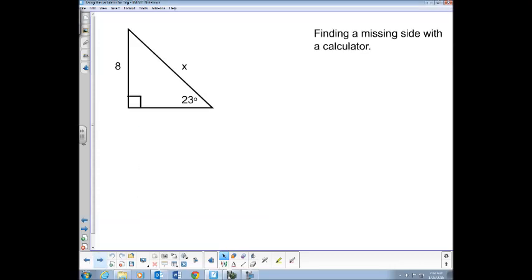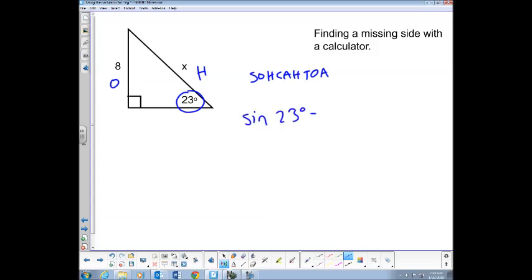And so if we take a look at this triangle, remember that when we're working trig, I like to circle my angle, and then I like to label my information. This is my opposite. This is my hypotenuse. And so we're going to have SOHCAHTOA all the time. And so we know that we're opposite and hypotenuse, where the sine of 23 degrees equals the opposite, which is 8, over the hypotenuse, which is x.